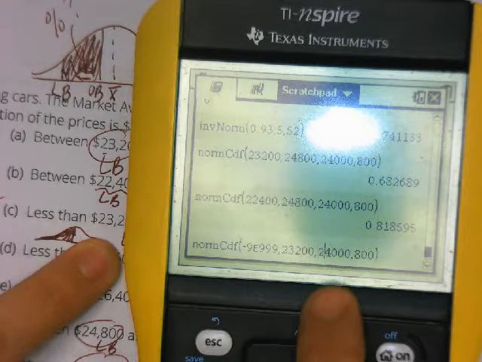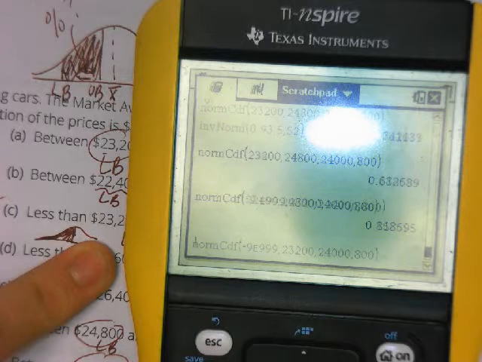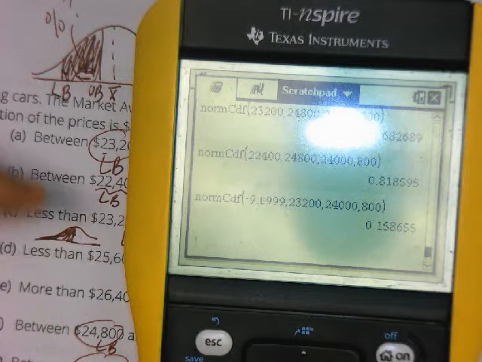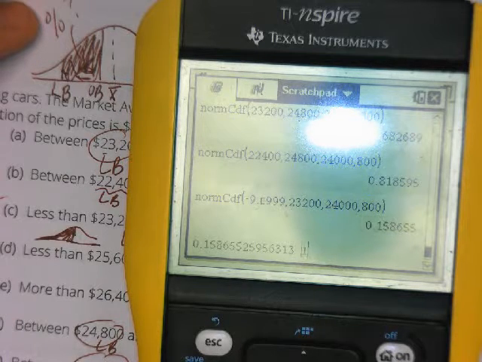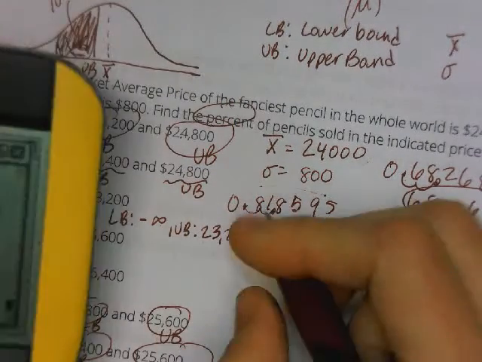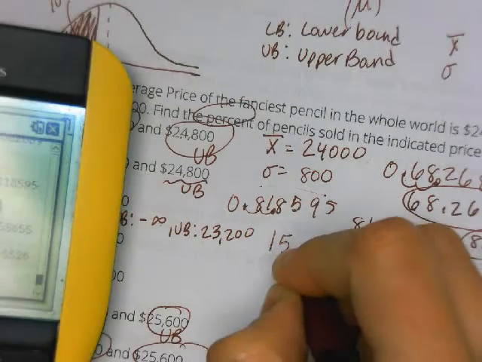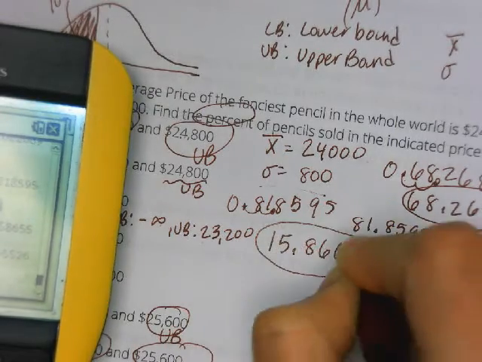I have the same mean and the same standard deviation as before. So if I push enter, I get this decimal. I need to convert it to a percent, so I'm just going to do it the quick and easy way, and you get 15.866%.